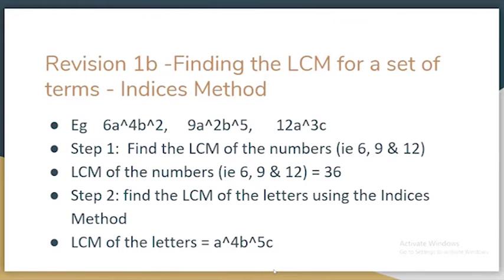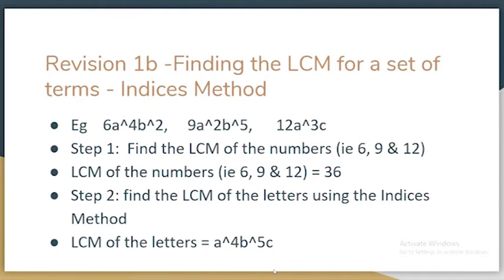And what power do we take? For each letter, we take the highest power. The highest power for A in these 3 terms is 4. The highest power for B, that's correct, is 5.